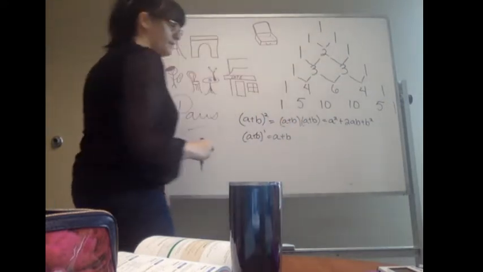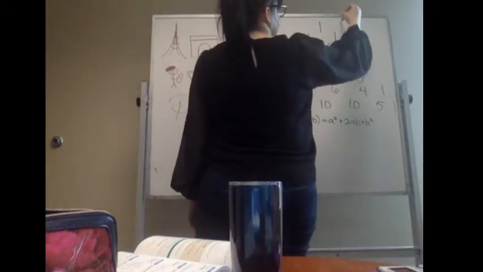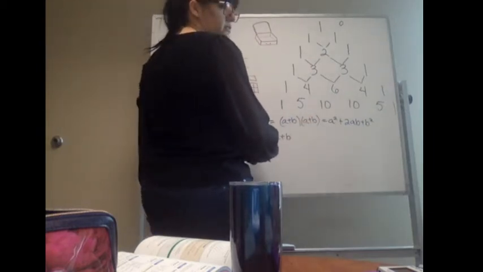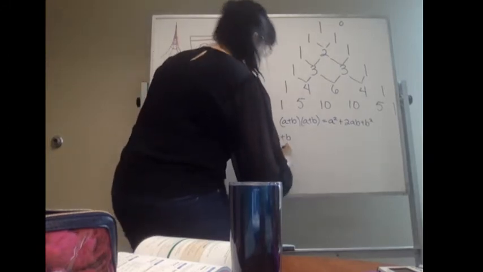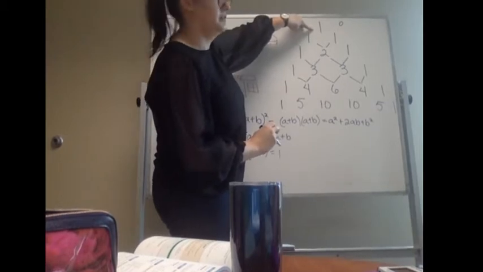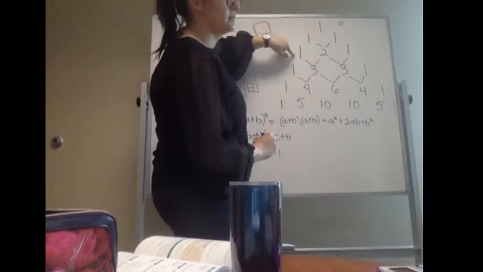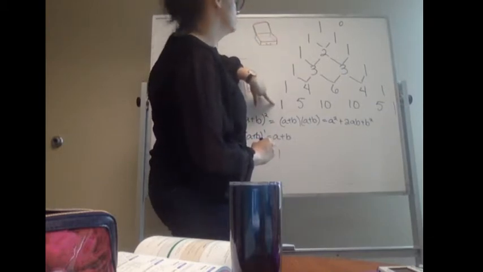Where do you start counting those? You start with 0. What's a plus b raised to the 0 power? 1, exactly. Raised to the first power, those are the coefficients. Raised to the second power, those are the coefficients. Third, fourth, fifth. Does that make sense?